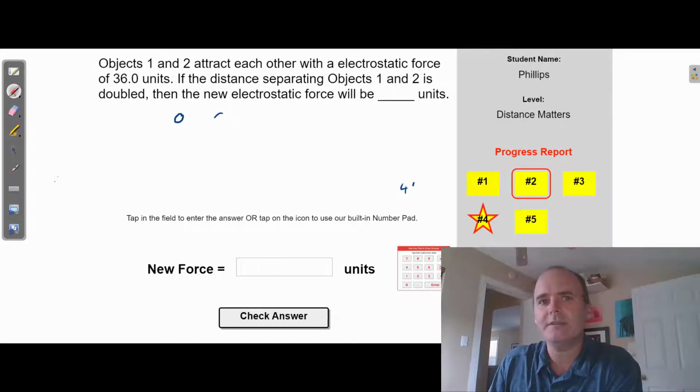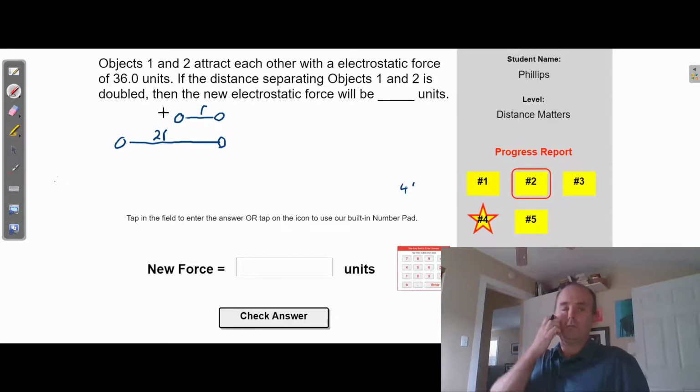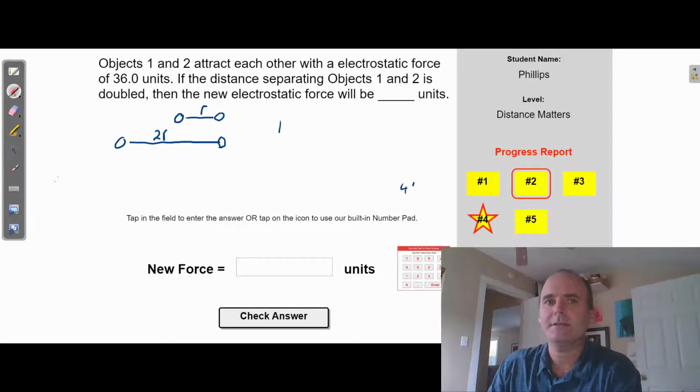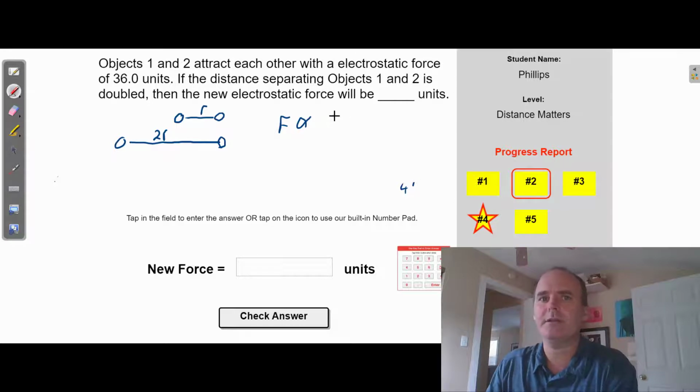If we have these two charges with this radius and I double the radius, is my force going to go up or go down? It's going to go down because you're getting farther away. We're keeping the charges the same, so we use the proportionality, 1 over r squared. But in this case, we are doubling the r.